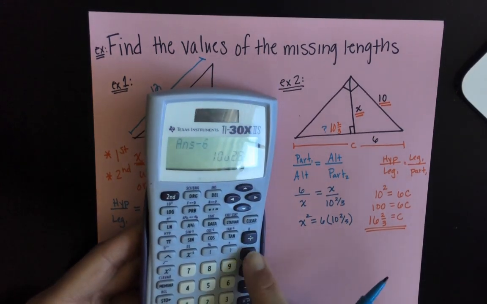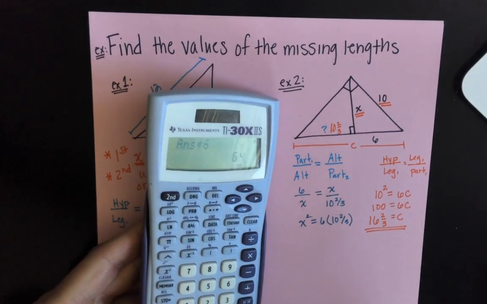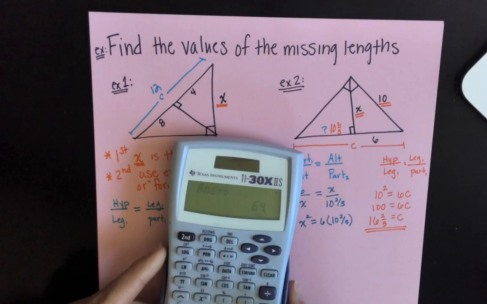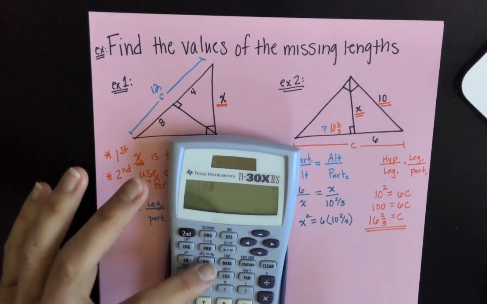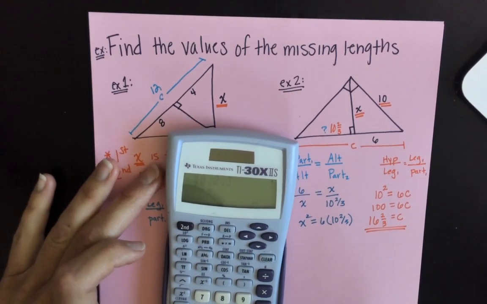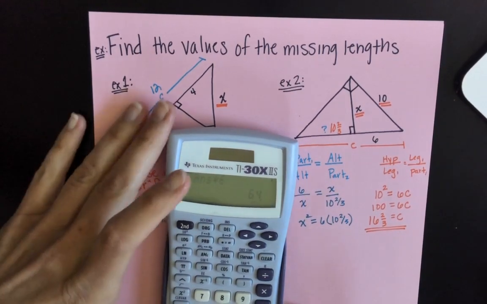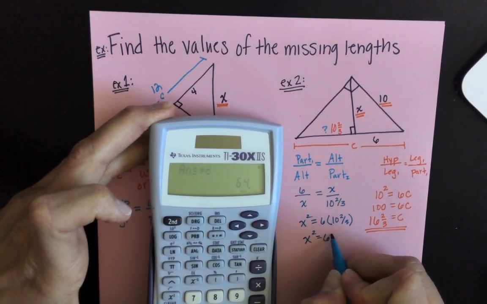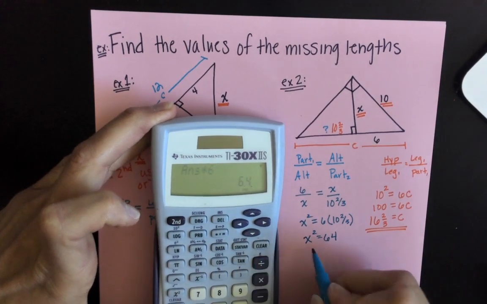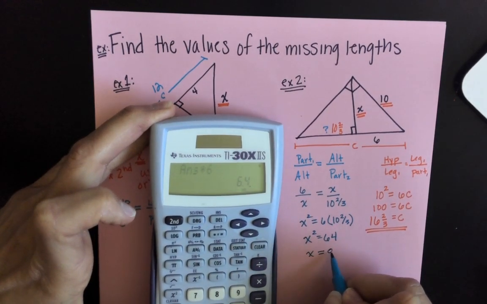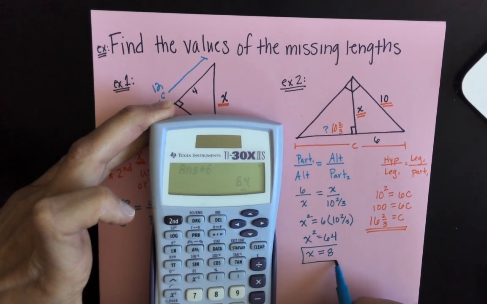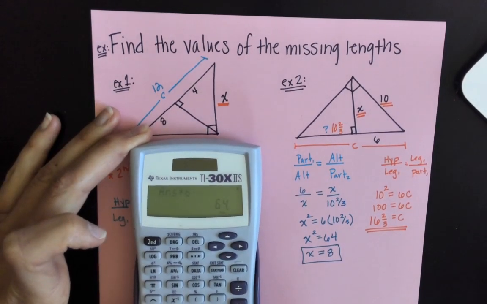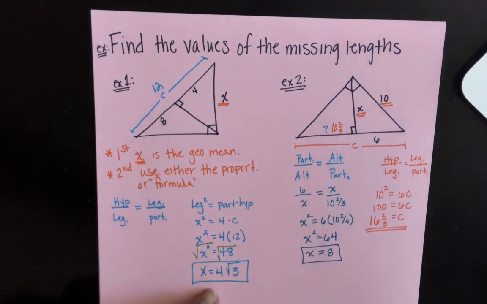So 10 2/3 times 6 gives me a very nice 64. That's interesting. 10 2/3 times 6 is a beautiful 64. So x squared equals 64. Kind of shocked myself with that one, because I made that problem up and I did not anticipate it coming out to be that beautiful. I honestly thought that it would have been something else with a radical.